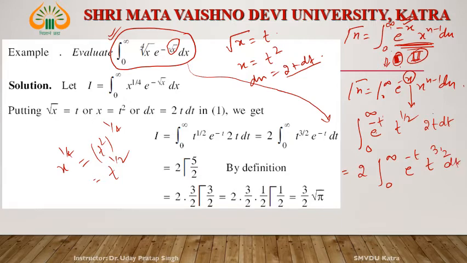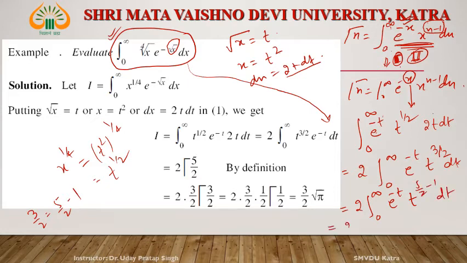Now this can be written as 2 into the integral 0 to infinity e to the power minus t. The power of t is 3 by 2, but we have to write the power of this algebraic term in terms of n minus 1. So 3 by 2 can be written as 5 by 2 minus 1, dt.